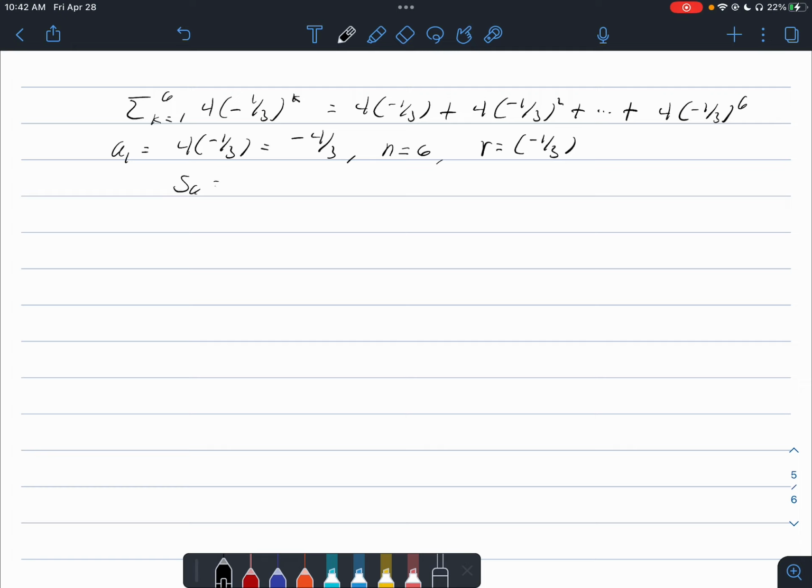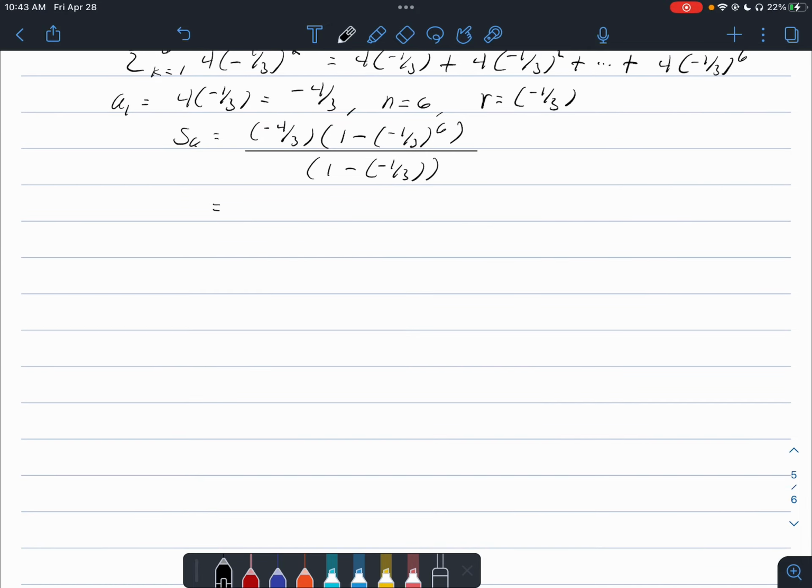So we'll have S sub 6 is equal to negative 4/3, A1, times 1 minus r to the n, so negative 1/3 to the sixth, and this is all going to be over 1 minus negative 1/3.